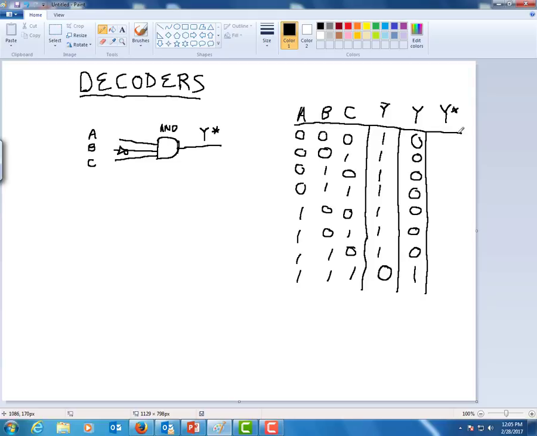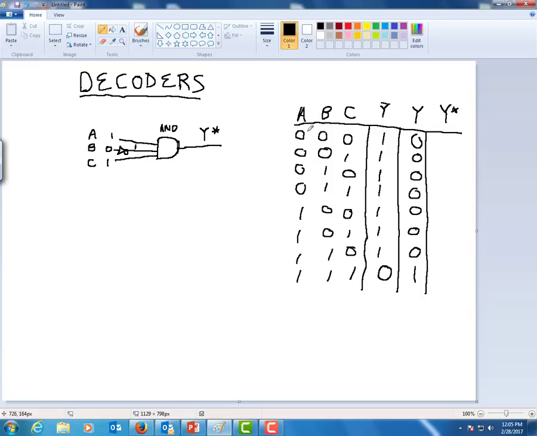So if you want to look at Y asterisk, in what case is Y asterisk going to be high? Well, obviously when all the inputs to the gate are high. Well, it's going to happen when this is a 1, this is a 0, which means it's low, and this is a 1, right? Because when this 0, or low, goes to this inverter, it's going to become a 1, isn't it?